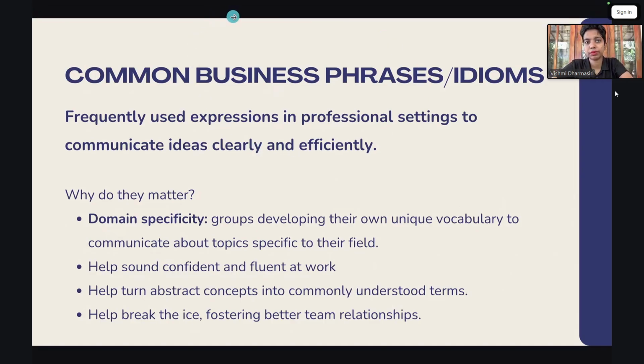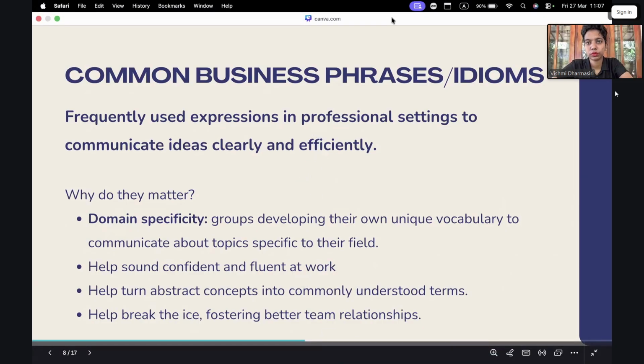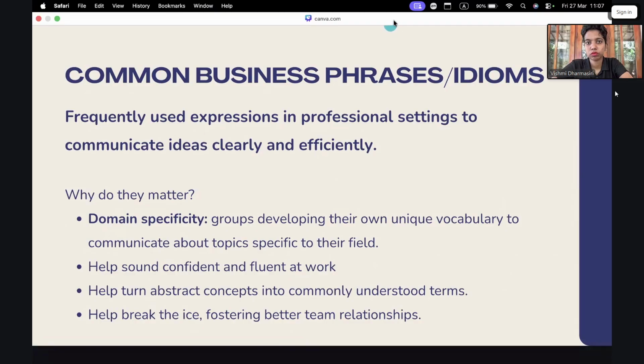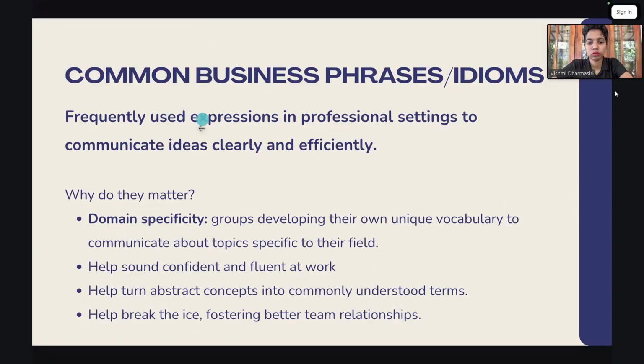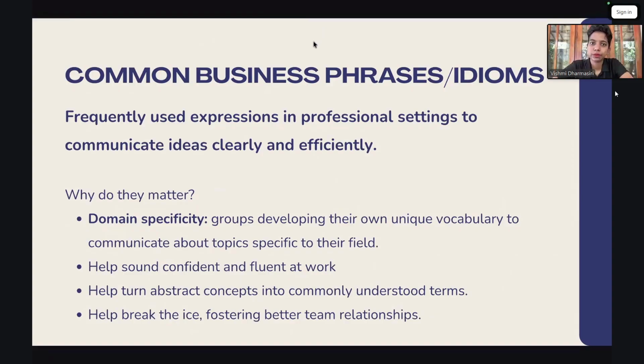What do you think? Is it okay if I explain the assignment now, or do you want to wait till the end of the session?